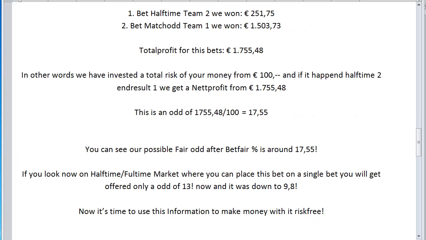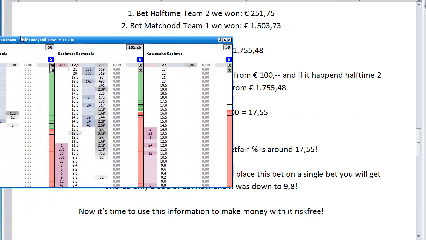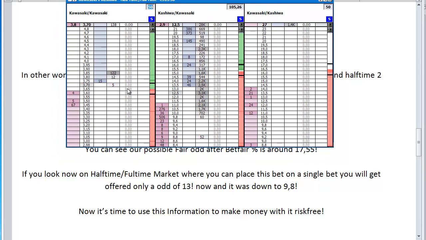If you now look here, you can see the lowest odd was 9.8, and now you can only buy an odd of 11, or you can only buy here, it's only €1, but here 200 euros waiting at the odd of 10.5. But you've seen with this calculation the odd should be here at 17.5 or higher.